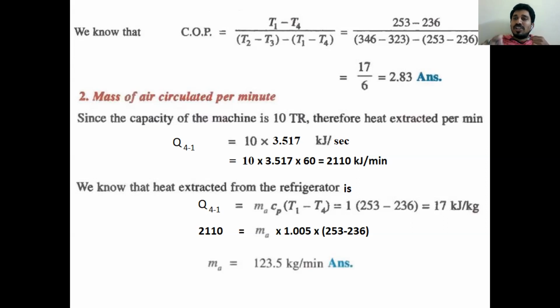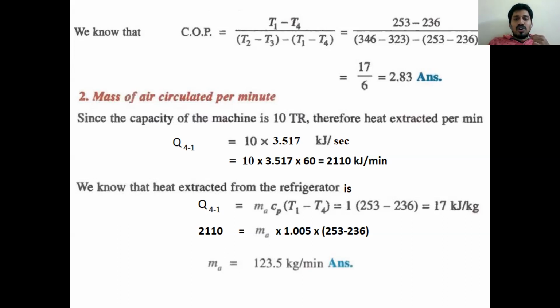Here unknown value is mass of air m_a. Remaining values we already know. See, a small disturbance in that equation. I directly copied that, and I made a small mistake.